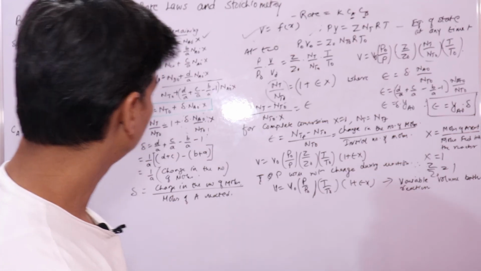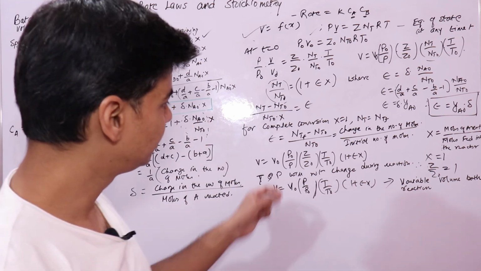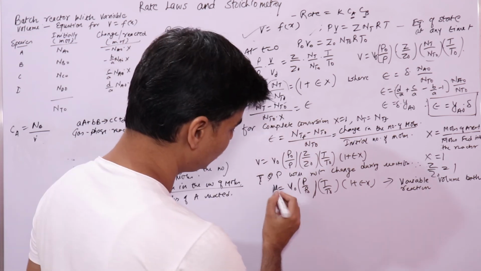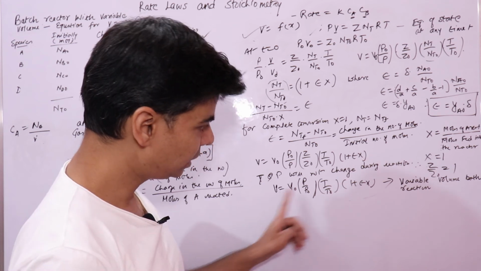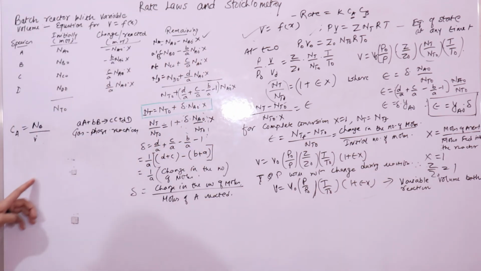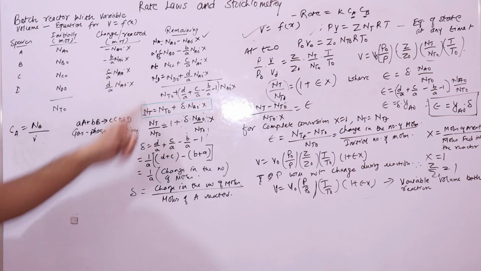So using this expression from the stoichiometric table, we will derive a relation between volume and conversion x. Now you have this expression for volume in terms of conversion x. You will substitute this expression in this equation to get individual concentrations.